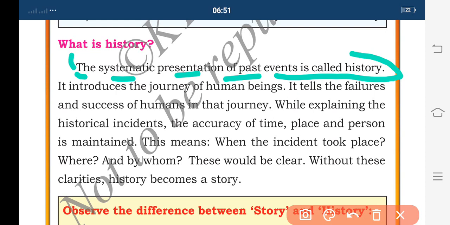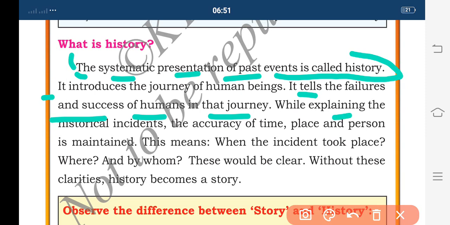Okay. Next, it introduces the journey of human beings. It tells the failures and successes of humans in that journey. Sources are very important for history.